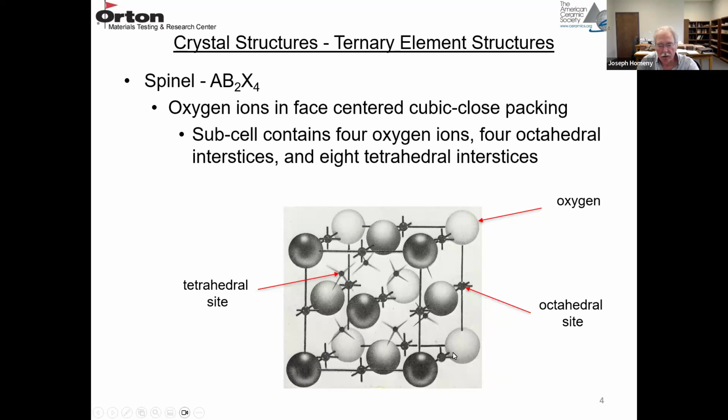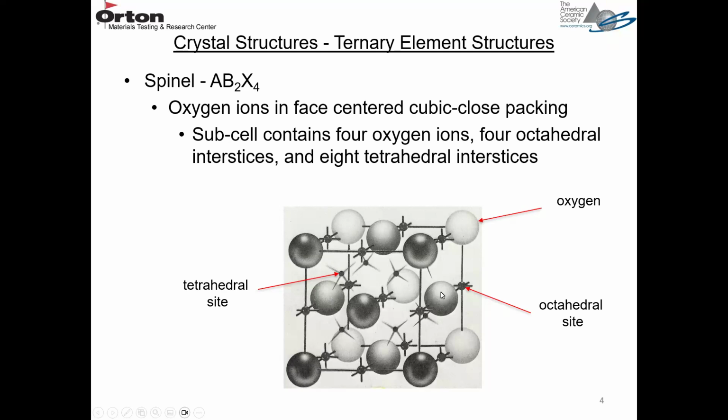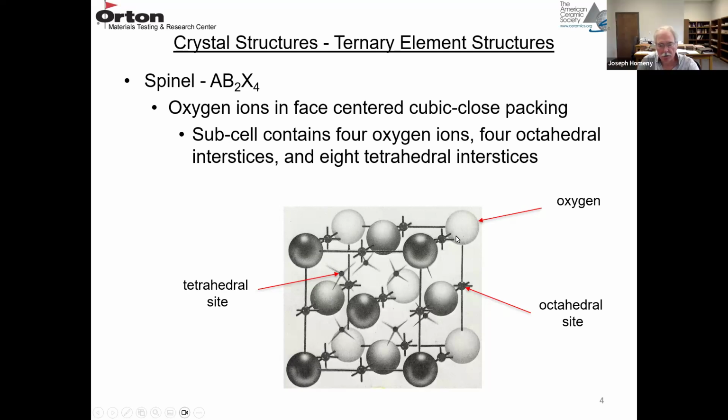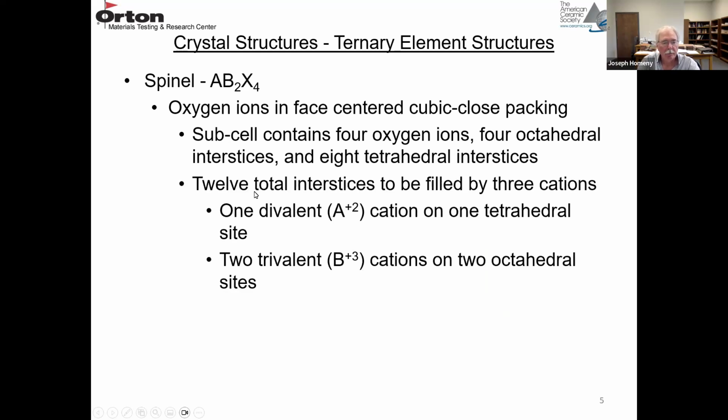There's 8 corners, which contributes 1 oxygen. And then on the faces, there's a half of an oxygen in the subcell. There's 6 of those, giving rise to 4 oxygens plus the corners. So there's 8 oxygens in this subcell, 4 octahedral sites and 8 tetrahedral sites.